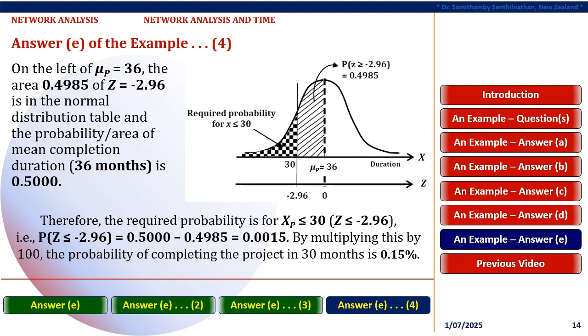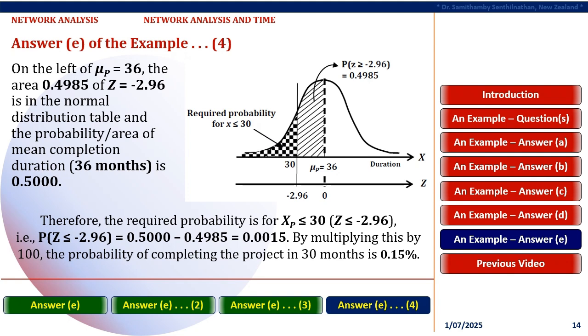This is shown in the image on the left of μp equals 36, and the area 0.4985 of z equals minus 2.96. Also, you have to understand that the probability for completing the project in mean duration μp equals 36 months is 0.5000 on its left.